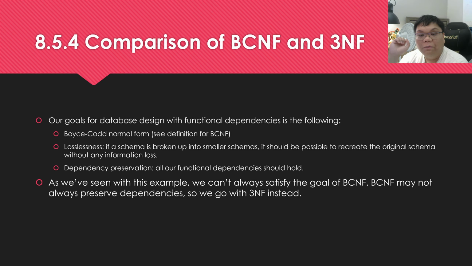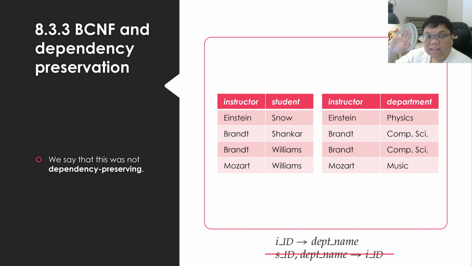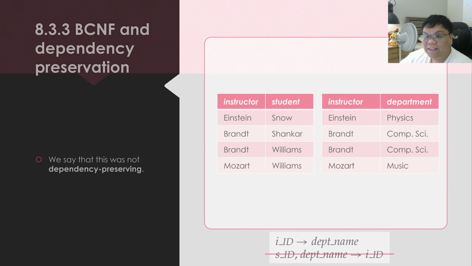We saw an example of what it looks like for a decomposed schema to have information loss. We don't want that. We want lossless decomposition. Also, we want all our functional dependencies to hold. In the previous slide, this was an example of a decomposition that did not preserve dependencies. We don't want that either.